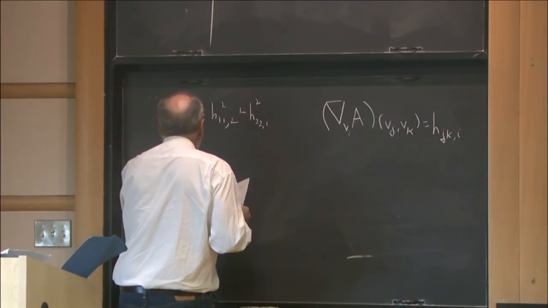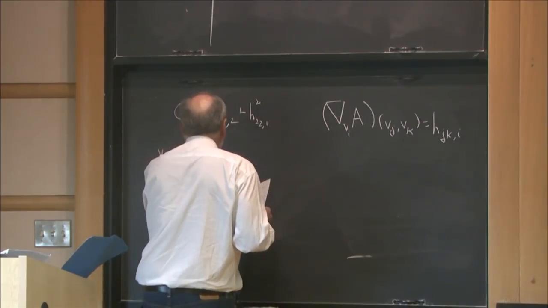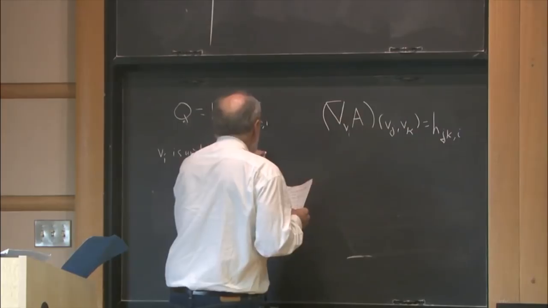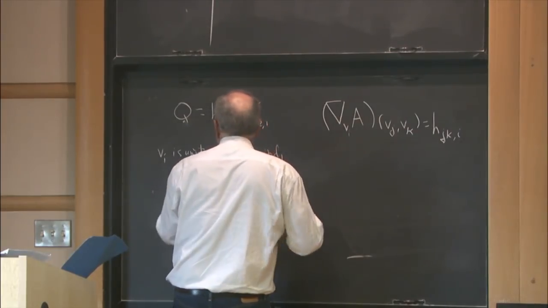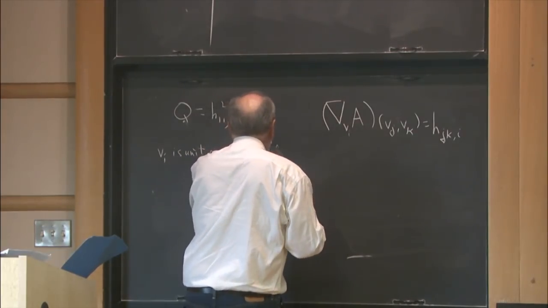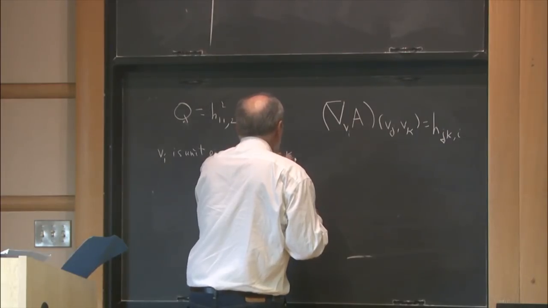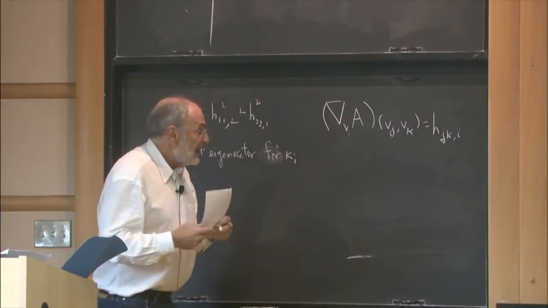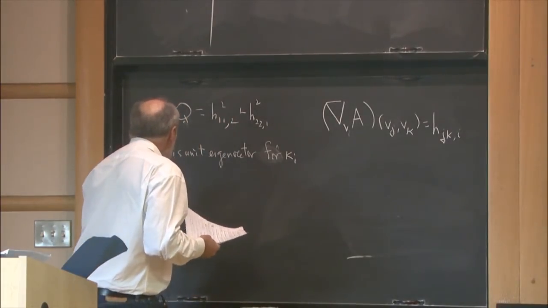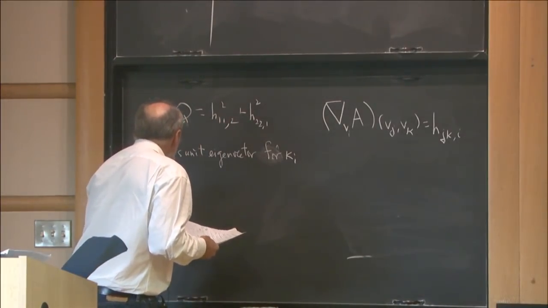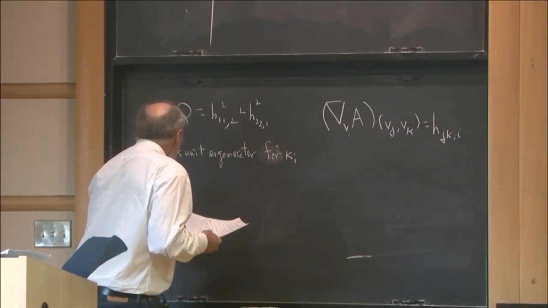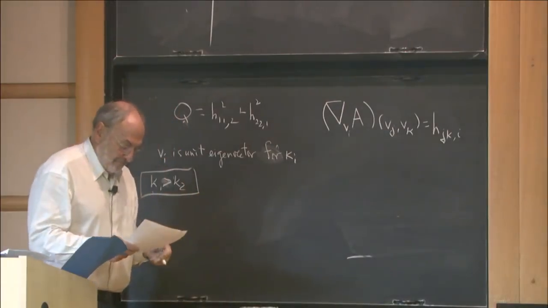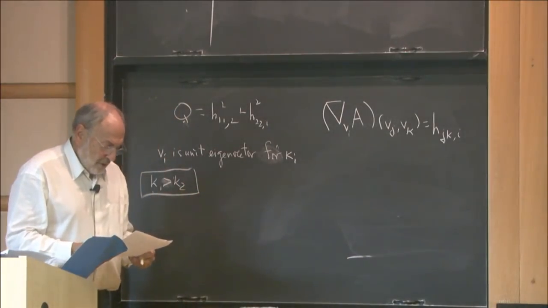Vi is the unit eigenvector in the direction for Ki. So I'll assume I have diagonalized the matrix. And I'm also going to assume that these are well defined. In other words, that K1 is strictly bigger than K2. This is an assumption that might be problematic at the end.